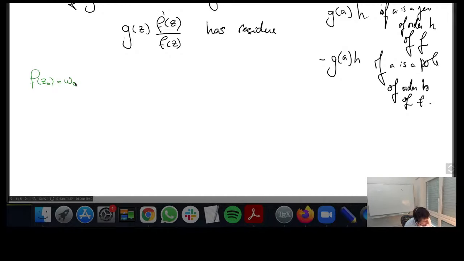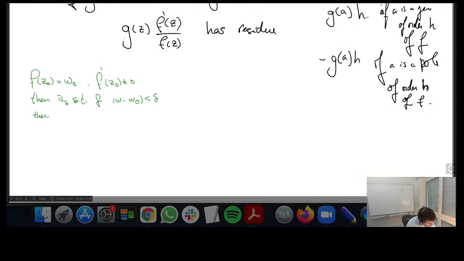Let's say that f of z0 equals w0, and that the derivative is non-zero, because I want to invert and don't want to deal with branches, though there is a way of extending this to branches. Then we showed that there exists some delta such that for w minus w0 smaller than delta, there is an inverse.